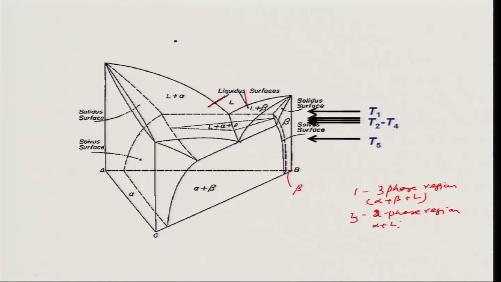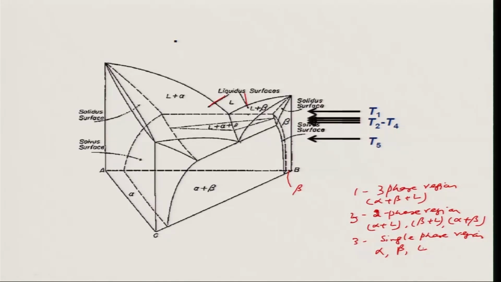Alpha plus liquid, beta plus liquid and alpha plus beta, right, and there are 3 single phase regions. What are they? Alpha, beta and liquid.